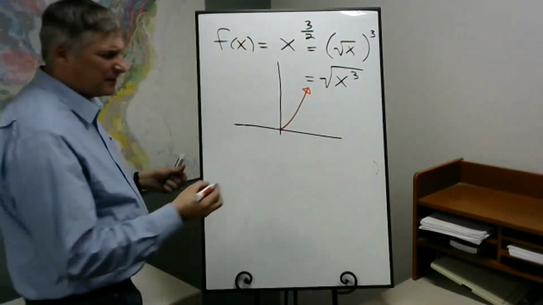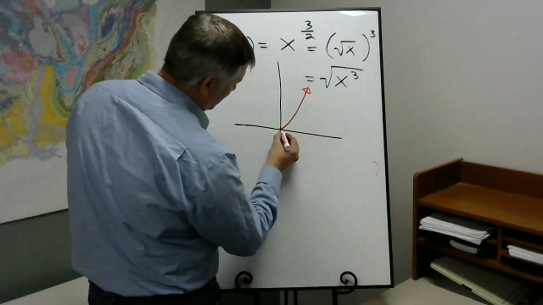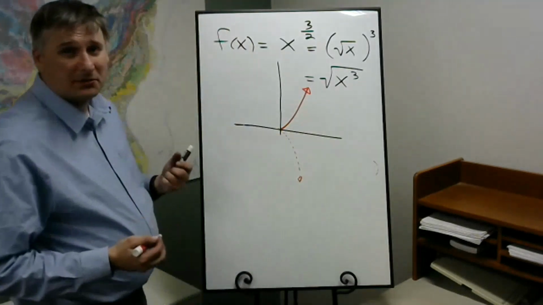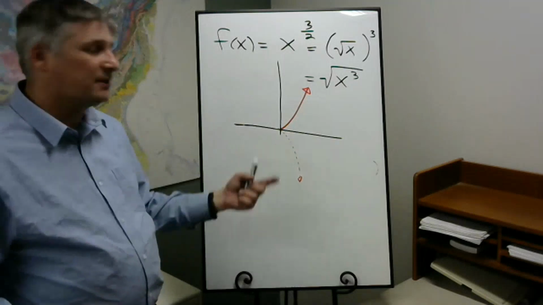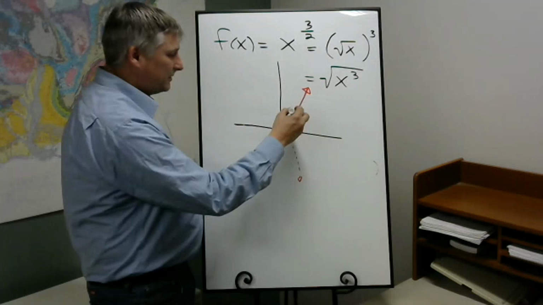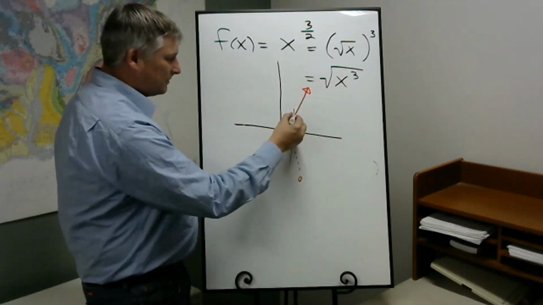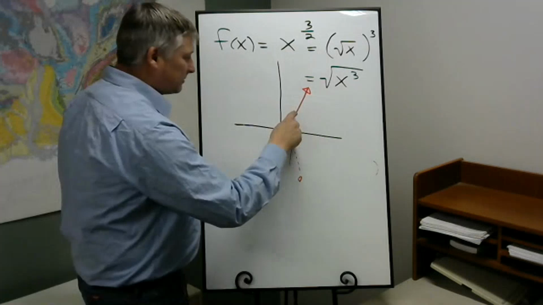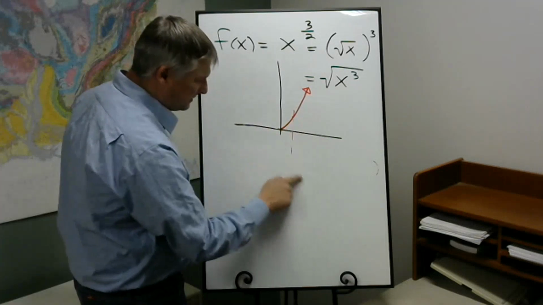If it's symmetric across the x-axis, we would expect to see something like this to go with this, but we don't. And if we did see this, it wouldn't be a function anymore. It would fail the vertical line test. You'd be intersecting this at more than one point. But there is no second branch. This is not there.